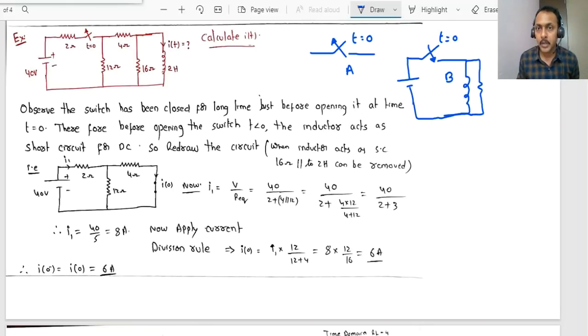Now be clear. Observe here the switch is open at time t equals 0. Its meaning is just before the opening it is in the closed state for a long period of time.